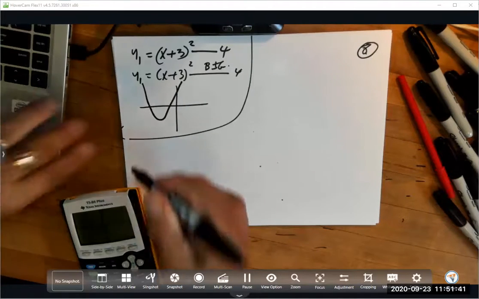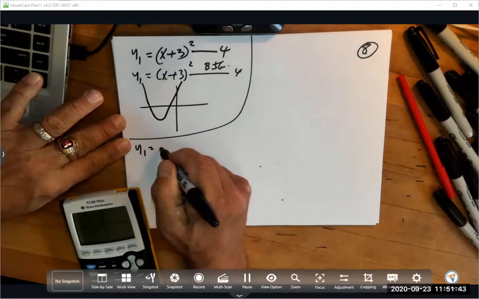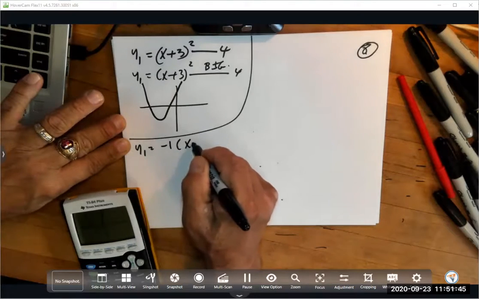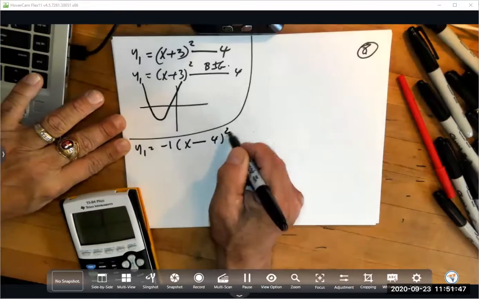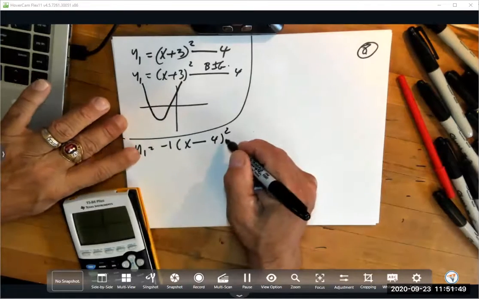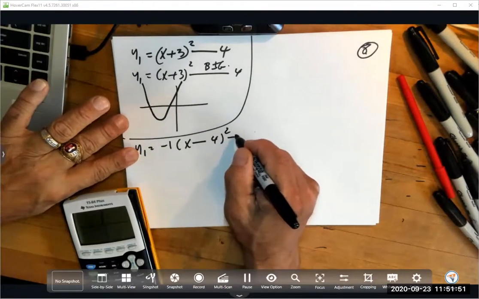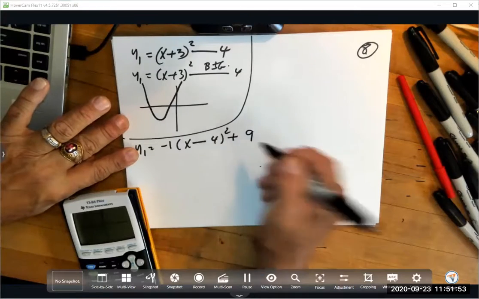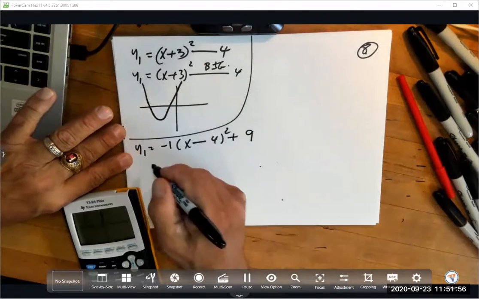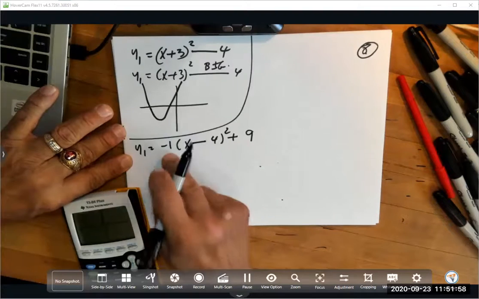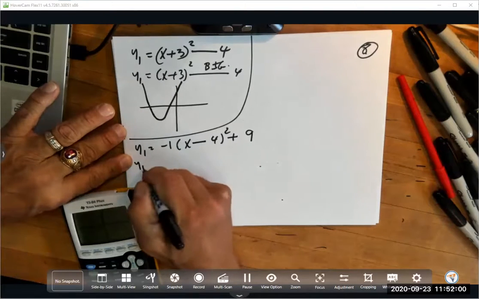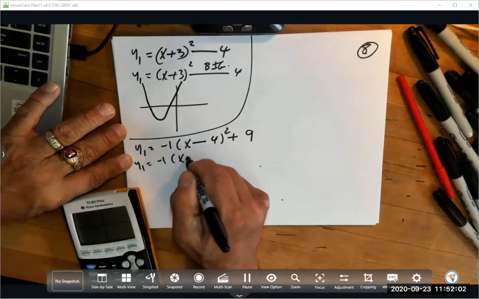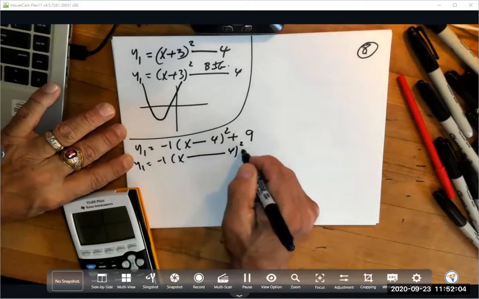Okay. I'm going to change it. I'm going to put -1 times (x minus 4) squared. I'm changing the signs. And then I'm going to say plus 9. Okay. So on your calculator, you're going to put this -1 parentheses, x, big minus sign 4, squared, plus 9.